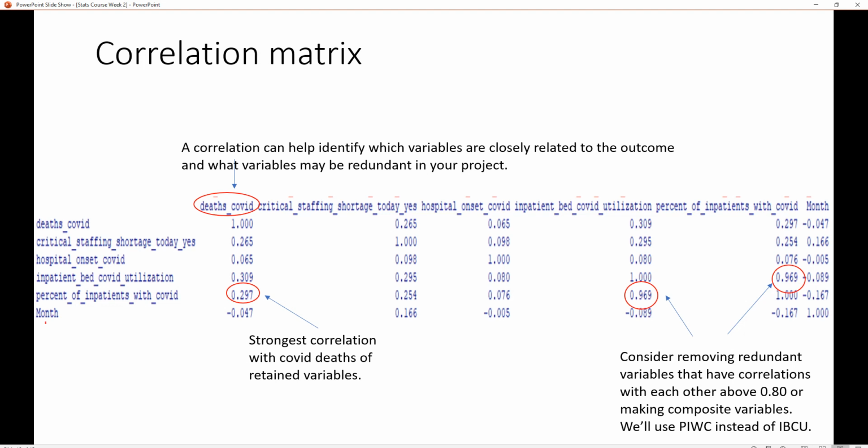If you're doing a regression, when you have two highly correlated variables, your regression is going to want to throw them out because there's a loss of power in having two things that are almost identical in the same analysis. We'd also want to consider that in general when we're using a correlation matrix. So in this first column, we see the number of deaths from COVID.